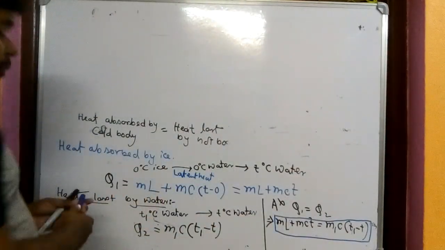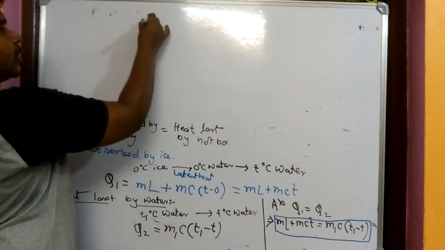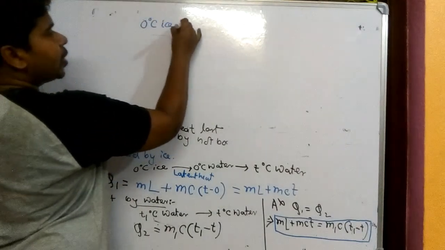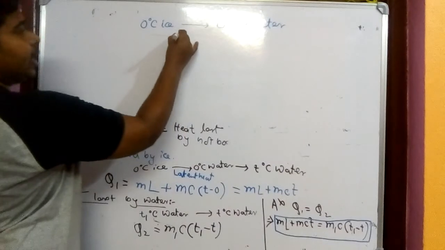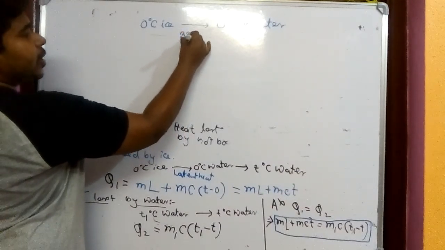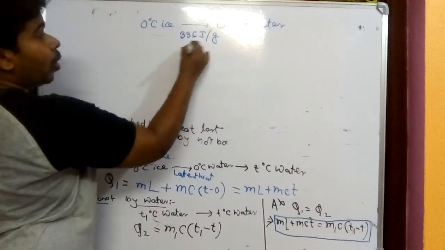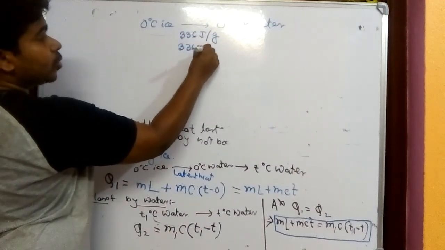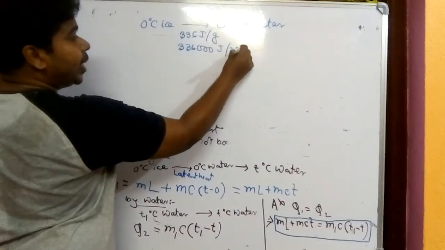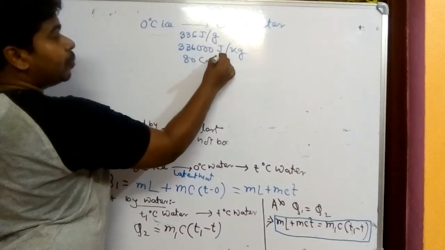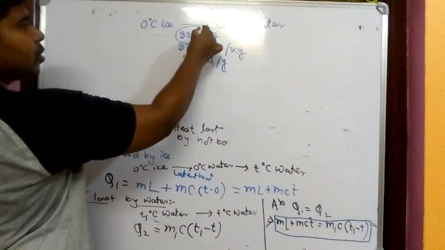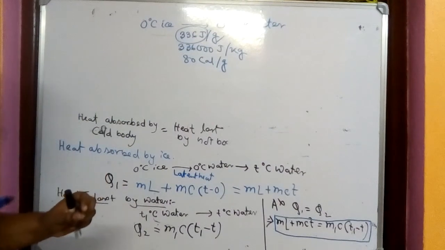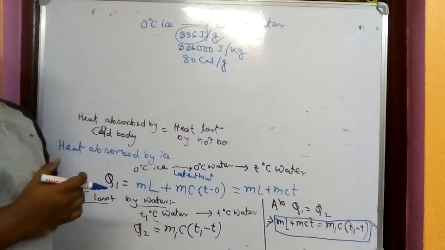For example, when 0 degree centigrade ice converts to 0 degree centigrade water, an extra 336 joule per gram, or 336,000 joule per kg, or 80 calorie per gram, of heat energy is used to change the state. That amount of heat energy is used per gram to break the bond, to increase the intermolecular separation.